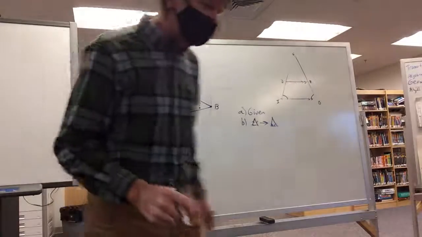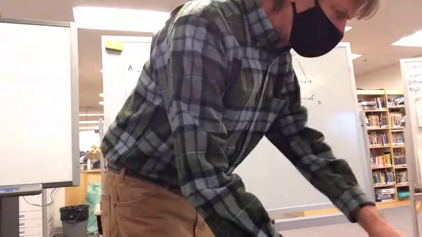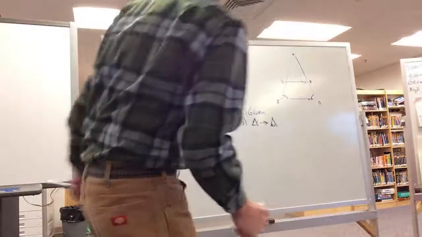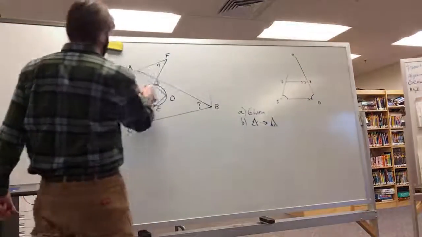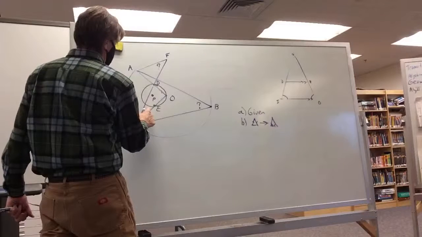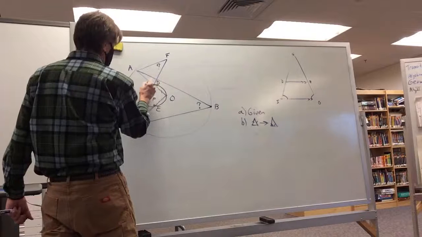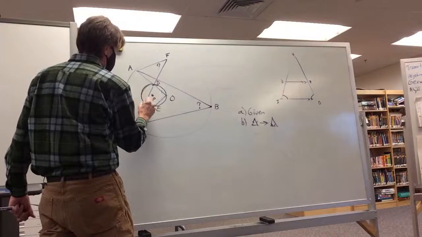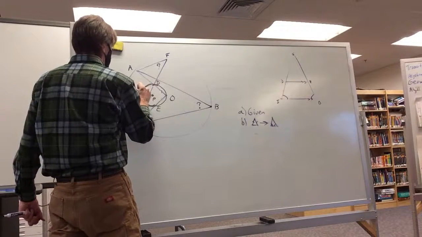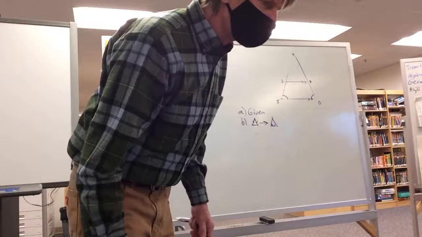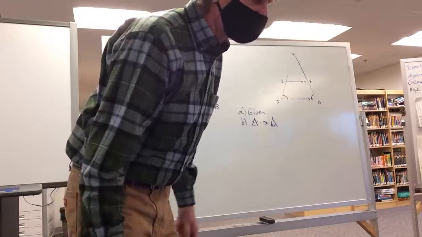And is anything known? Arc DE is 140. So from D to E is 140. So this is 140. Is anything else known? O and P are centers of the circle. DE is 140.